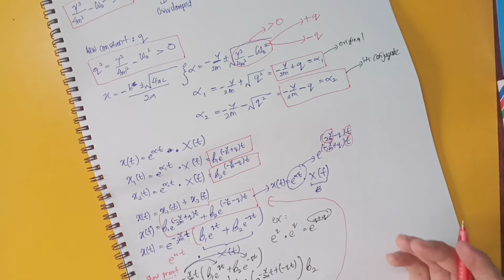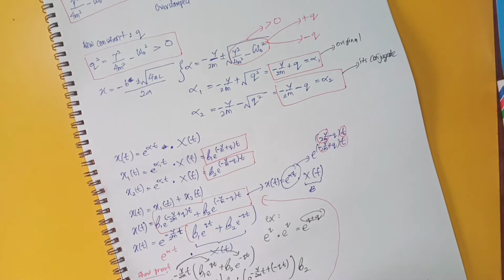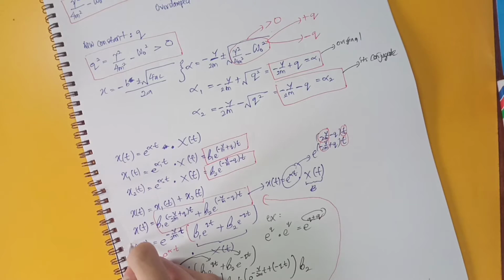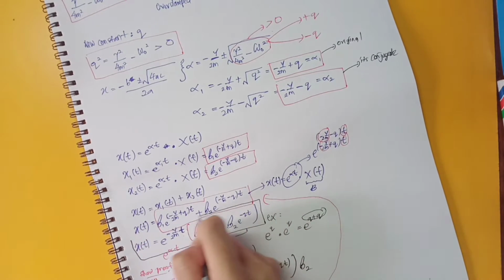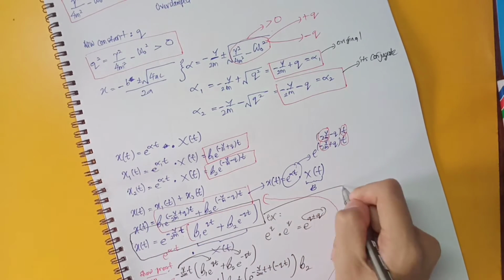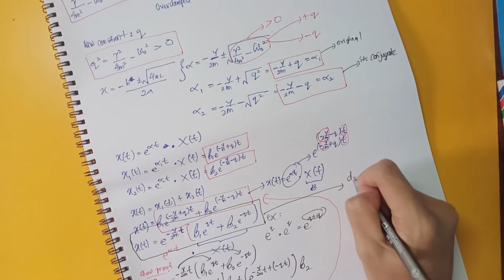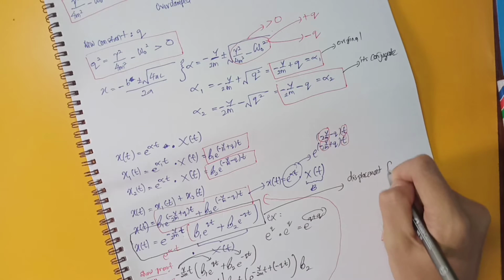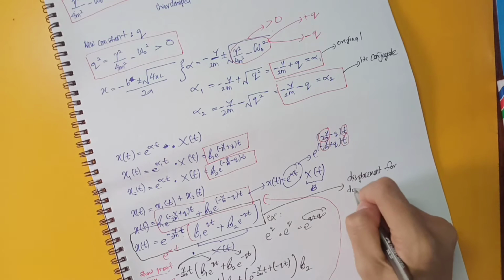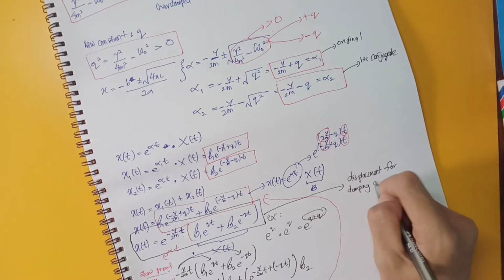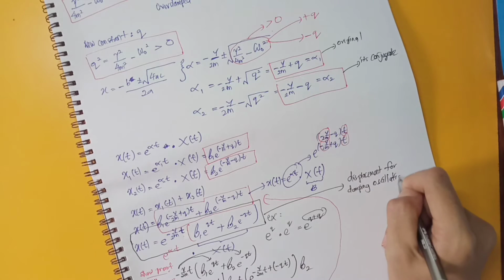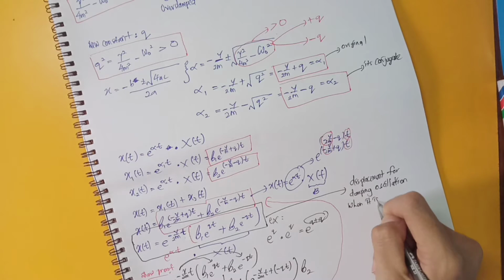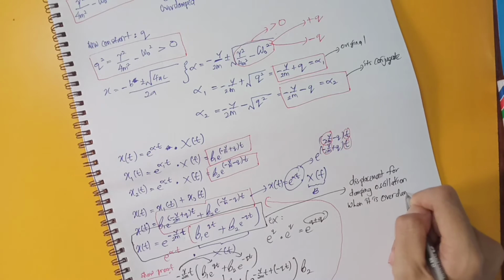Now we're done with that. This final form is used to find the displacement for damping oscillation when it is overdamped.